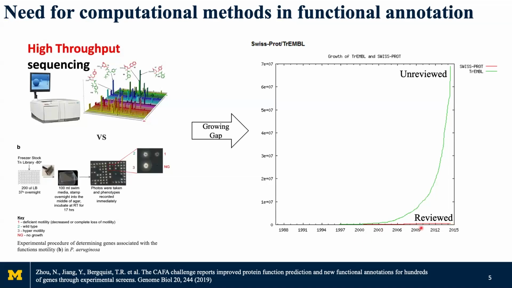As you can see, this red line grows linearly while the green line grows exponentially. So there's a growing gap, and the data is only up to 2015. So the gap is even larger right now. So there's a need for an efficient computational method in function annotation.